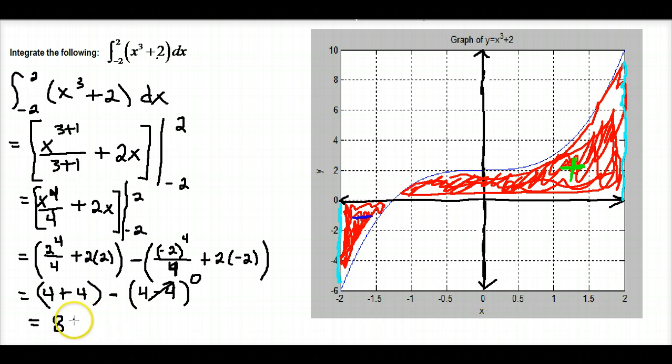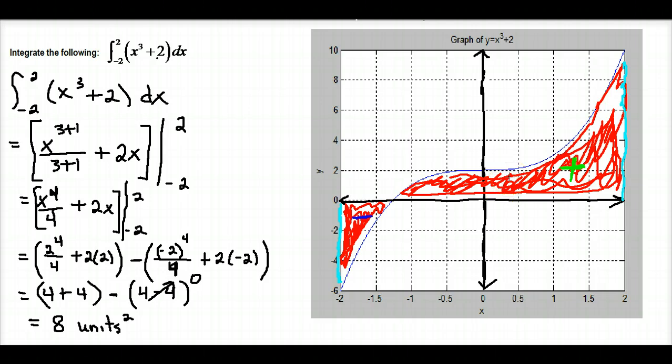And so since we don't have any units to go by, we say that this is going to be 8 square units if we're looking at it geometrically. Okay. So again, when we take the definite integral, we do the antiderivative, and then we evaluate the antiderivative at the endpoints of the x values that we chose here. And we have this portion plus this portion. Okay.